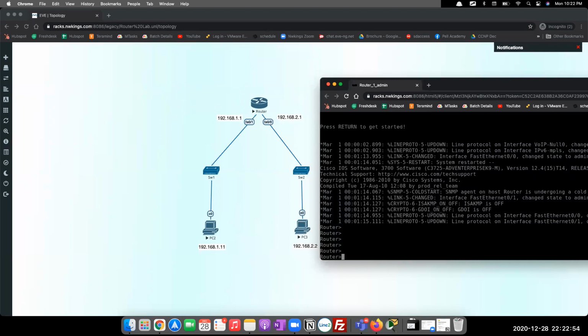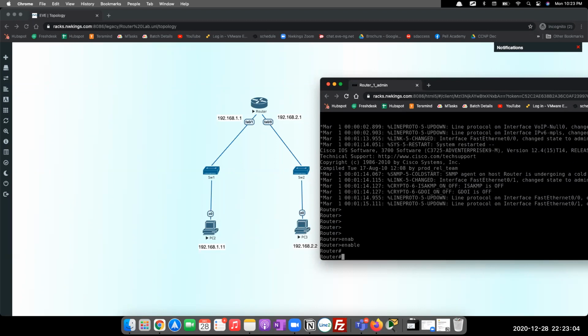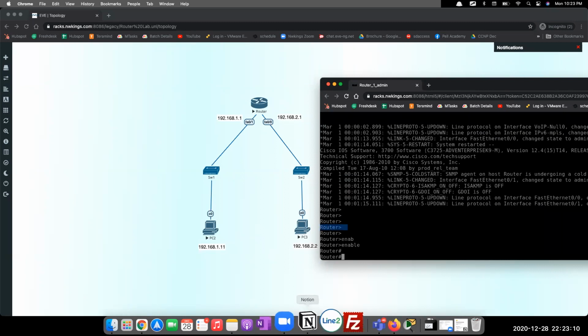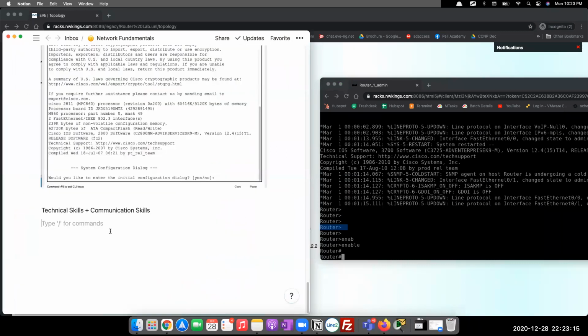Once you log in to your router, you are by default in which mode? User mode. And what is the command to enter the further mode? Enable. So this mode is known as privilege mode and this mode is user mode. So when you see this prompt, this is known as user mode.